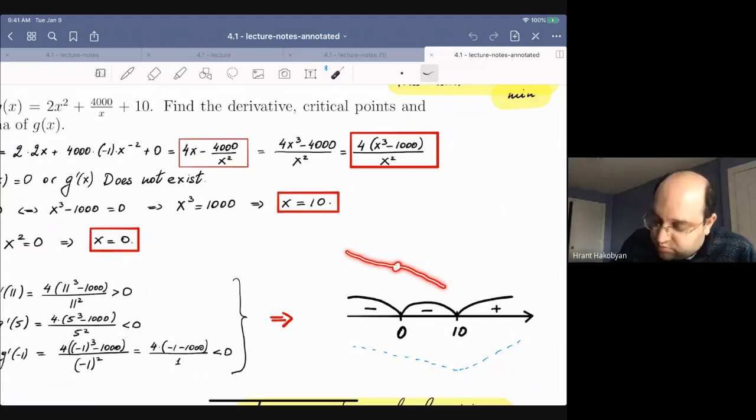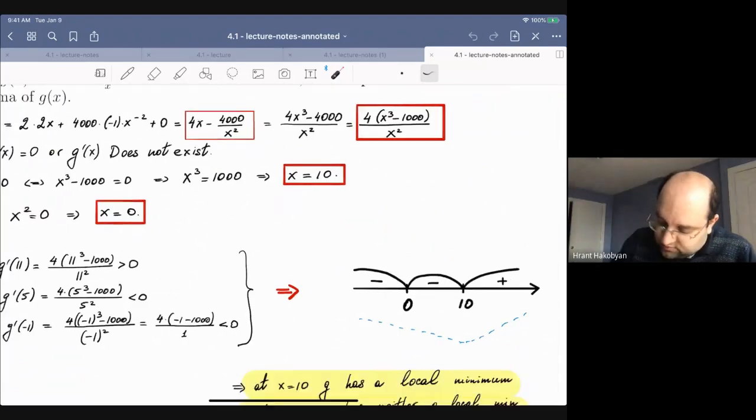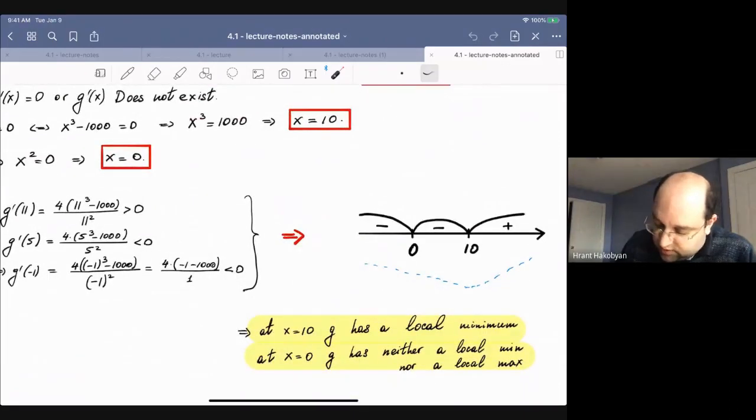So at that point I don't have a maximum or a minimum. Okay, so that's what it says. So at x equals 10, g has a local minimum, and at x equals 0, g has neither a local minimum nor a local maximum. Okay.